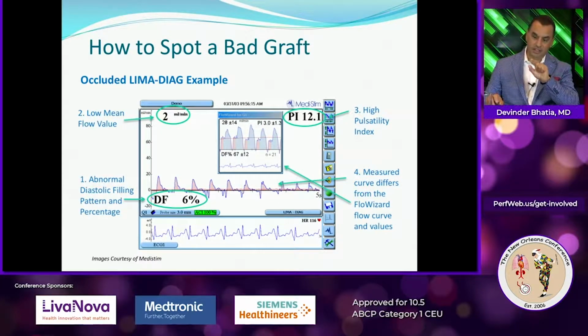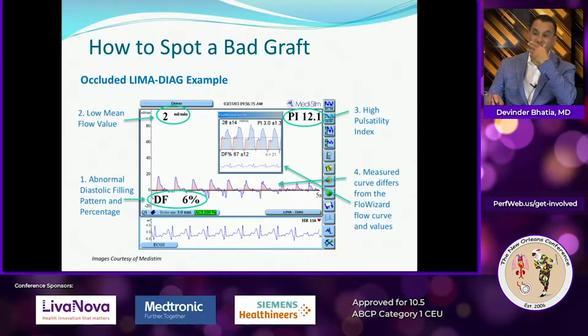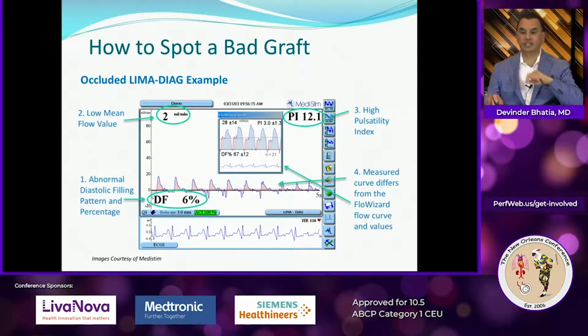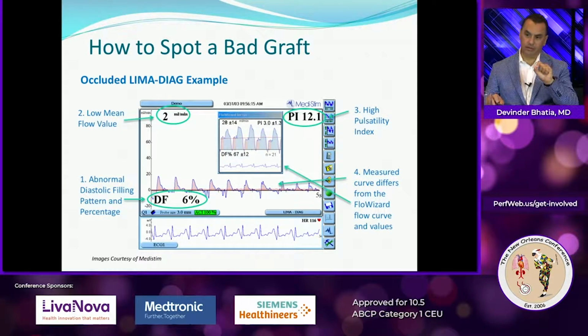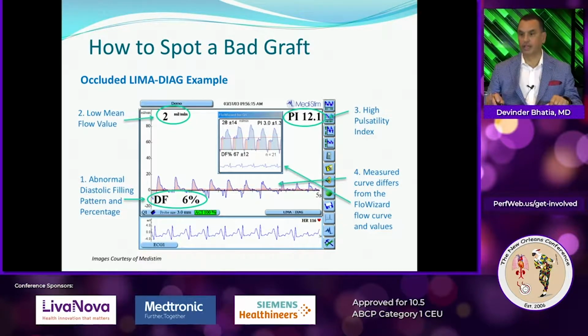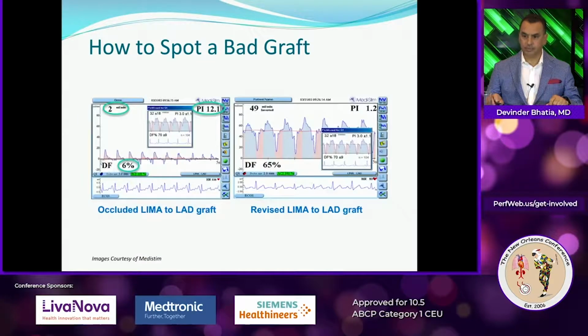And you can see the difference in the center box, which is a normal tracing and an expected tracing in this type of bypass versus the poor filling flow on the bottom. It just doesn't look nearly like it should.